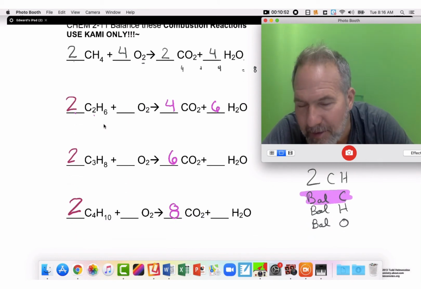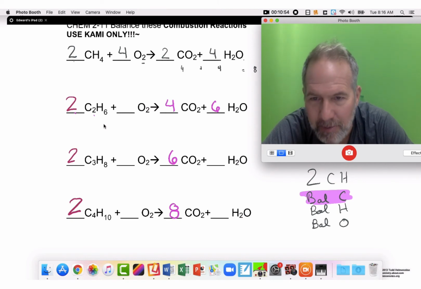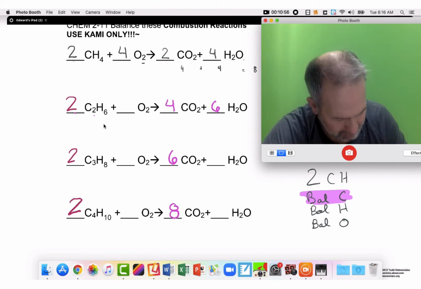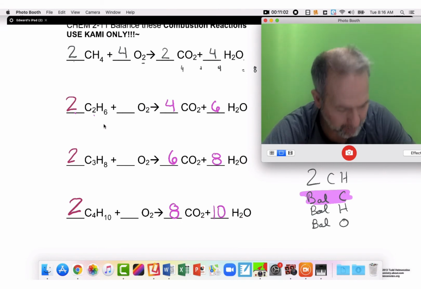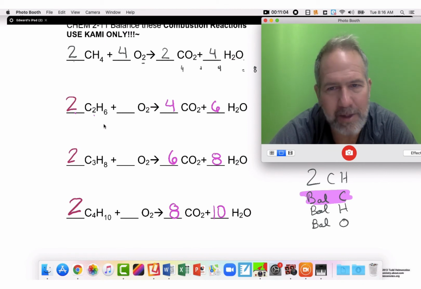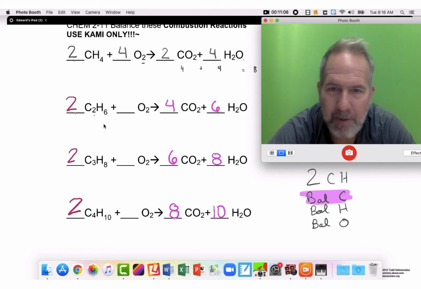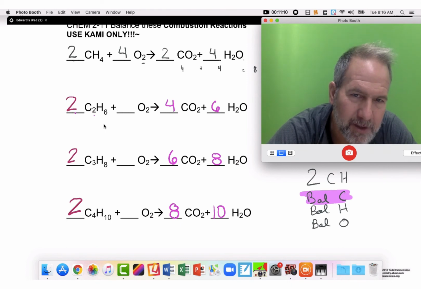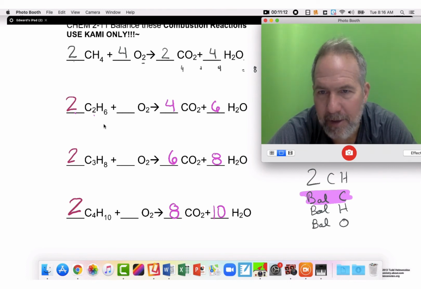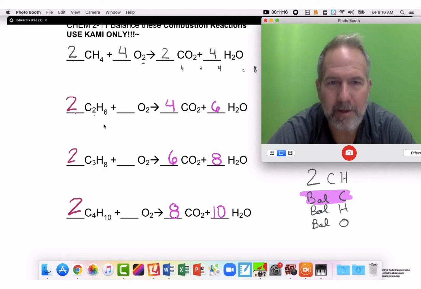It's going to be the same as the coefficient, or same as the subscript this way. 2 times 8, 8 times 2. 2 times 10, 10 times 2. And that makes it a little easier because you don't have to really do much math that way, right? The first one you multiply, and it's going to be the same number on the C's. The second one, it's going to be the same as the subscript for the H's. So it works out pretty nice.